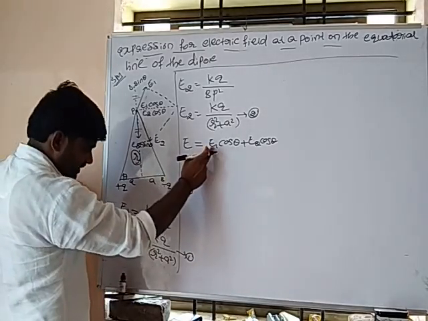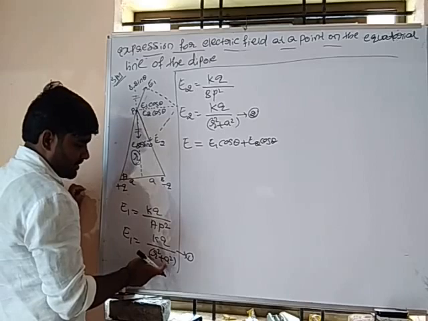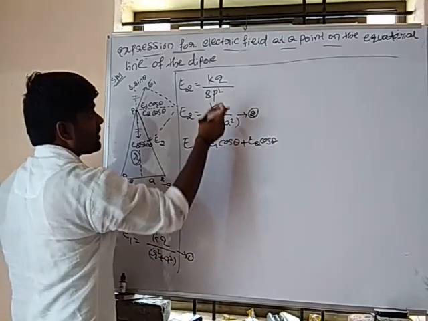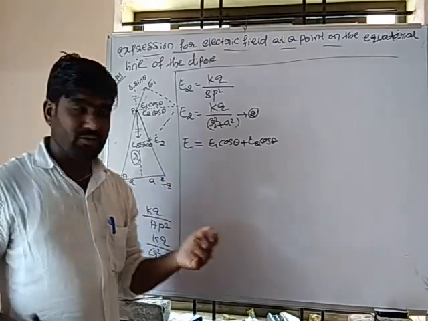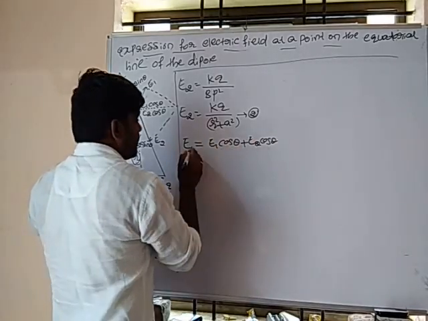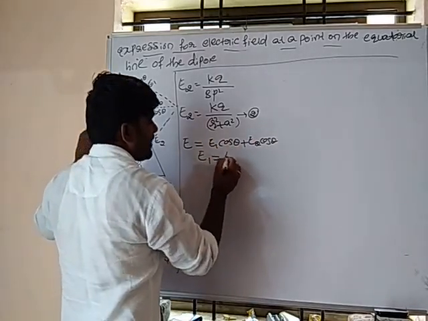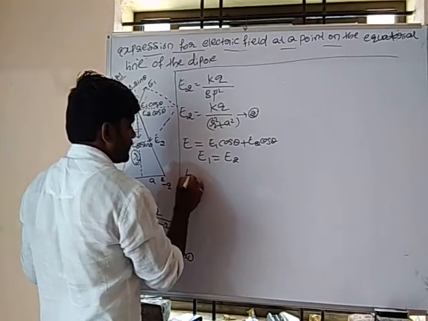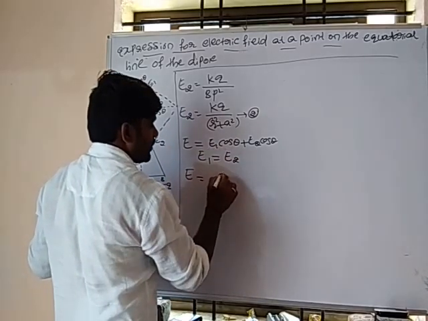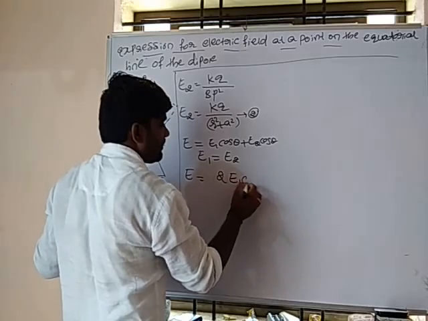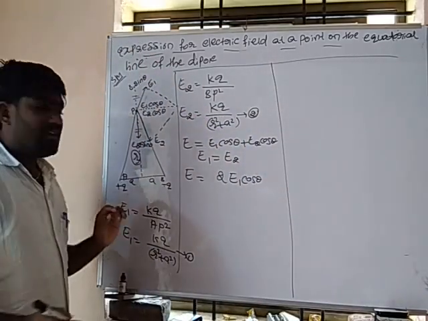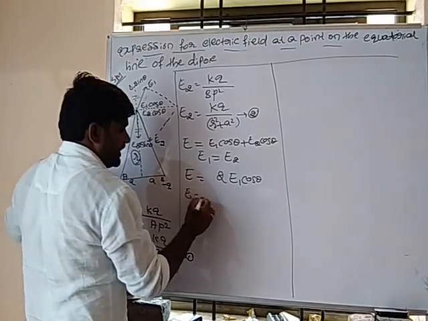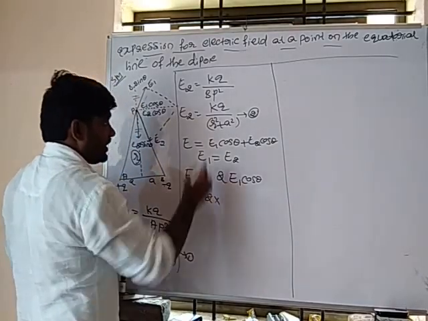What is the value of E1? KQ by R square plus A square. And E2 is again KQ by R square plus A square. So in this case I am writing E1 is equal to E2. So this E is equal to 2 times E1 cos theta, which is 2 into E1.